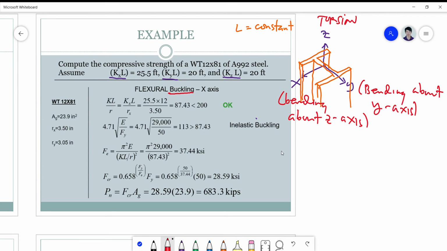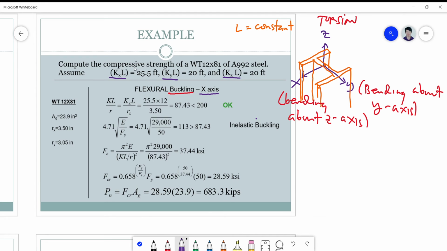So in this example, you will notice that the buckling is directly assumed to occur critically at the x-axis. But in case you don't know the critical buckling axis, you can compute both. Of course, torsion is not yet included in this example because we're not yet through with torsion.